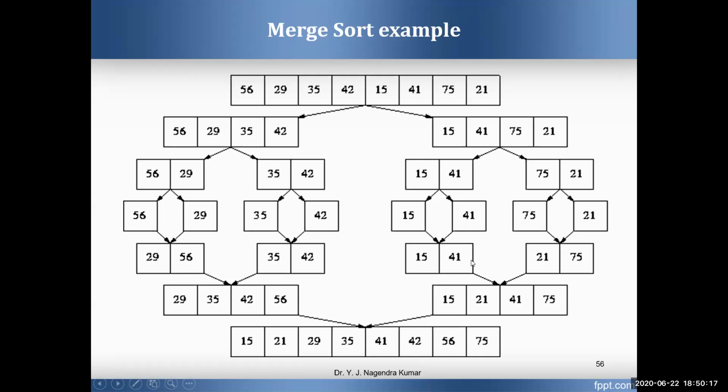There are no other elements to process with this technique. So the remaining elements in the second array, you just have to dump into the original array. Only one element is there, so straight away you transfer the element into the next level of the array. That's why 75 is in the next position. So 2 plus 2, 4 elements are ready.